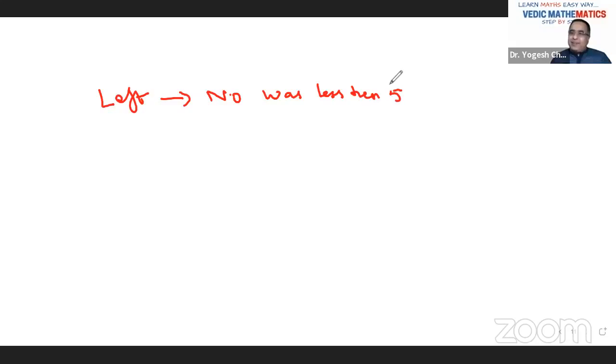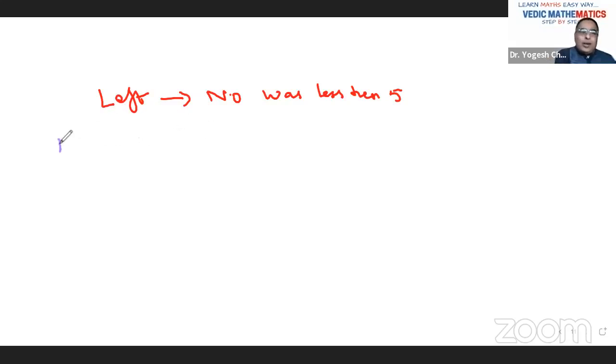Now, every time we saw on the left side, the number was less than 5. Is it necessary that every time we'll have a number less than 5? This cannot happen.